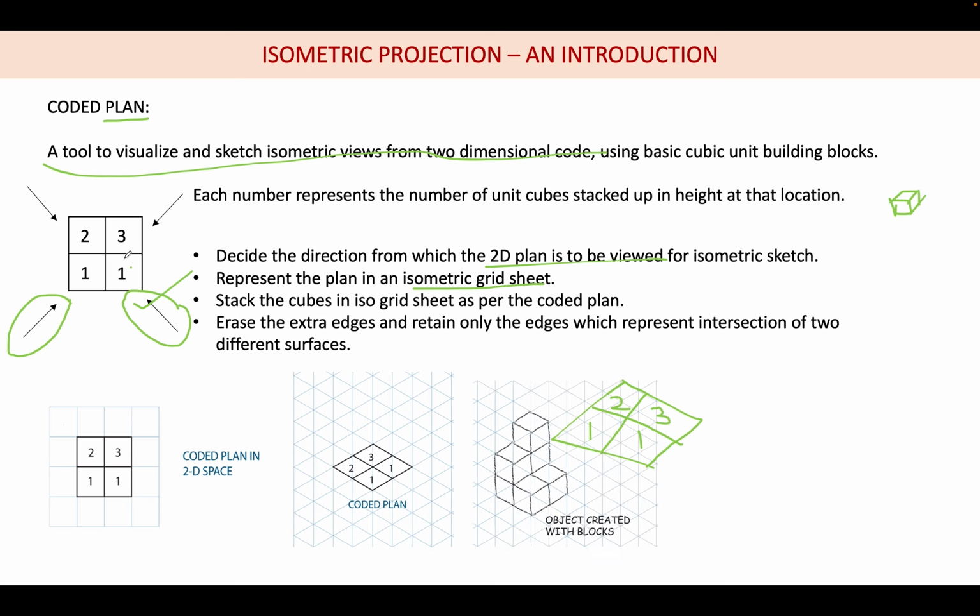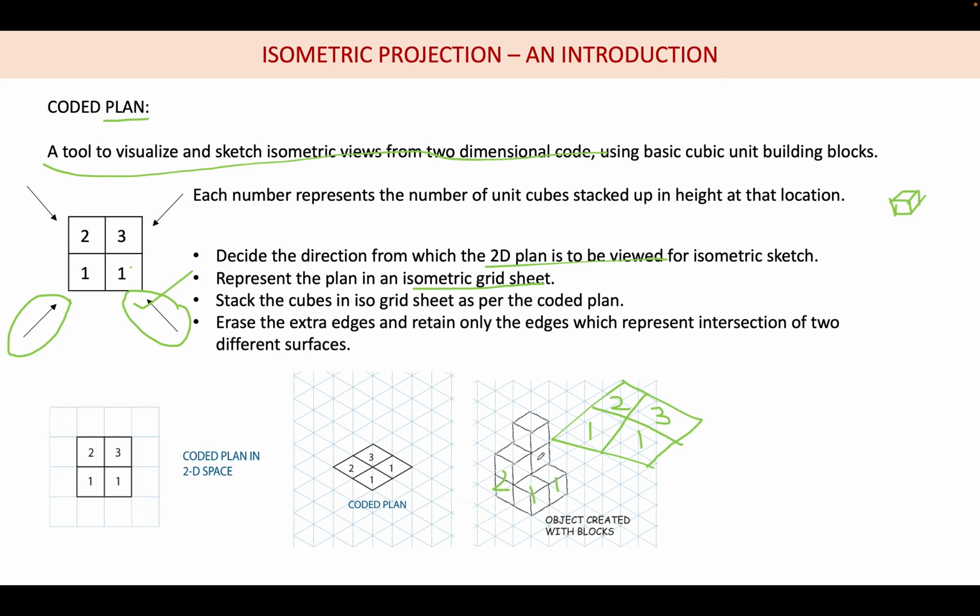The second thing is you have to roughly stack the number of cubes. For example, here 1 is there, so here I am stacking 1 cube, here 2 cubes are there. Next to this I am stacking 1 on top of the other, so this will become 2 cubes. On the third side again 1 cube, and on the fourth side there are totally 3 cubes, but why is it showing 2 here?